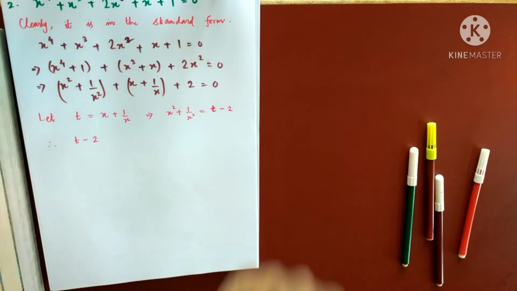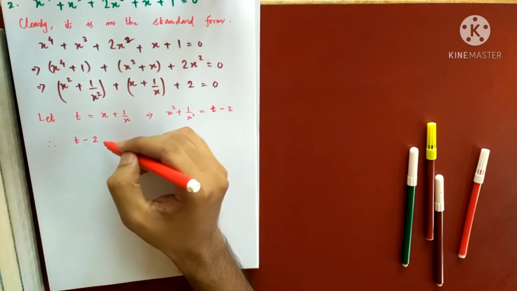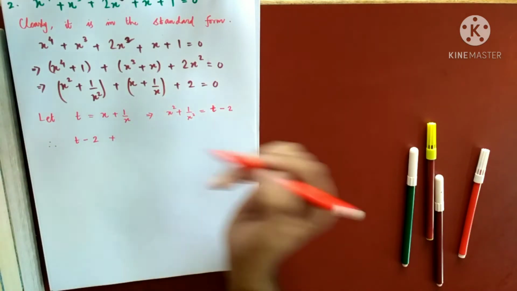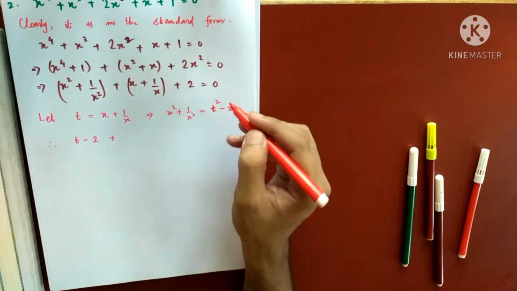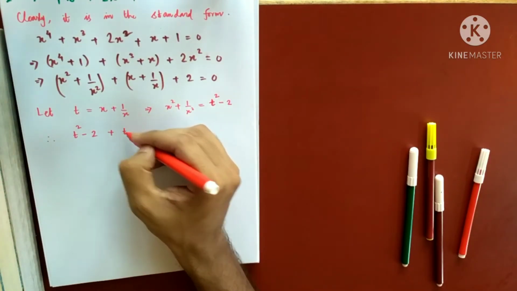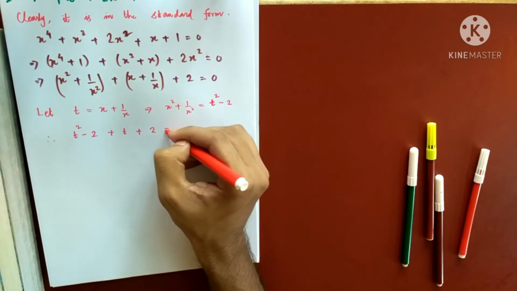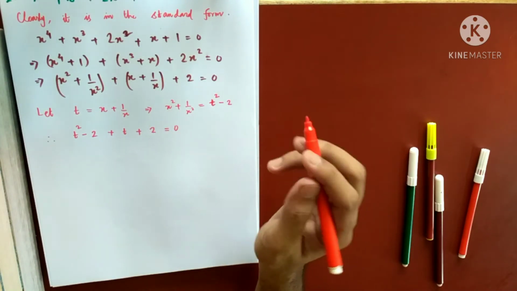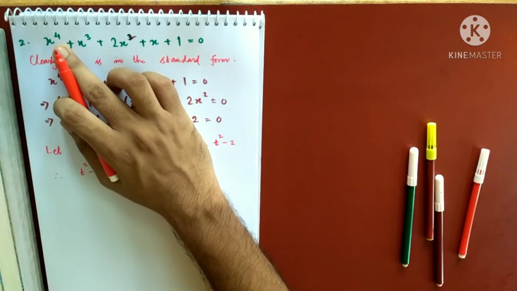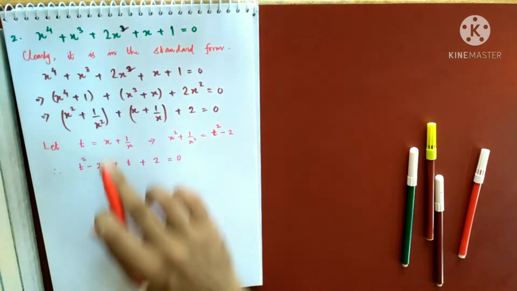Last time a quadratic equation was coming. This time it will also come as a quadratic equation: t square minus 2 plus t plus 2 equals 0. As already said, this can be reduced to half the power. That means if the power is 4, it will be reduced to power 2, as you can see.